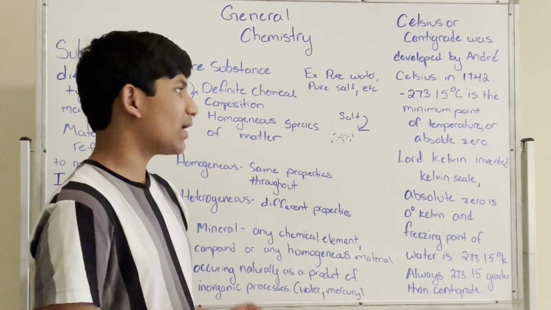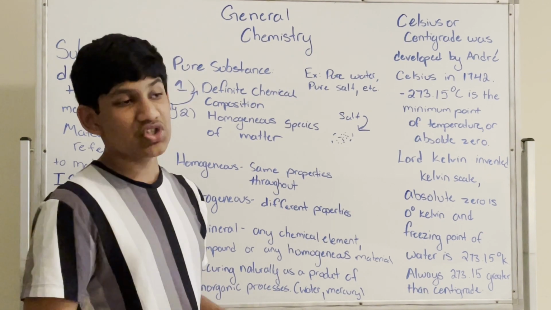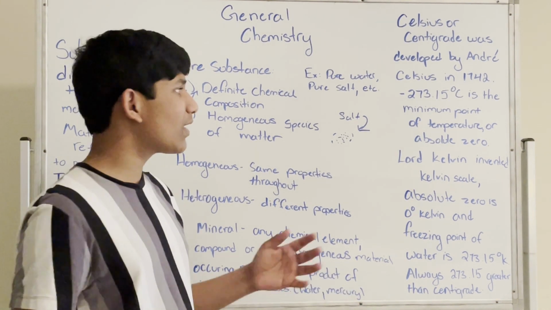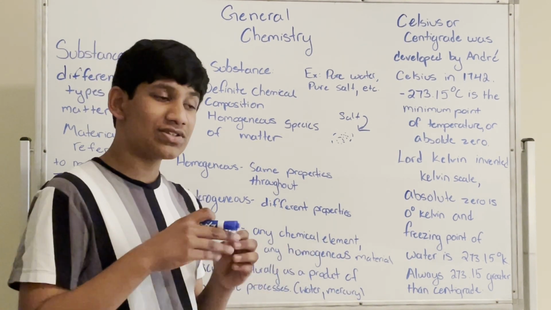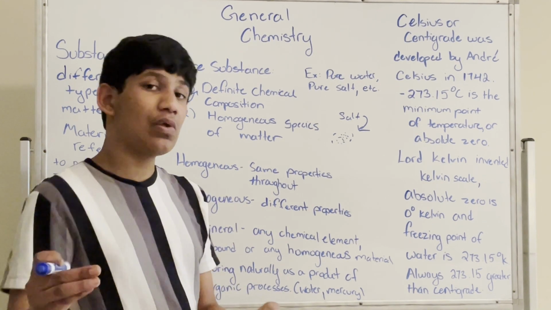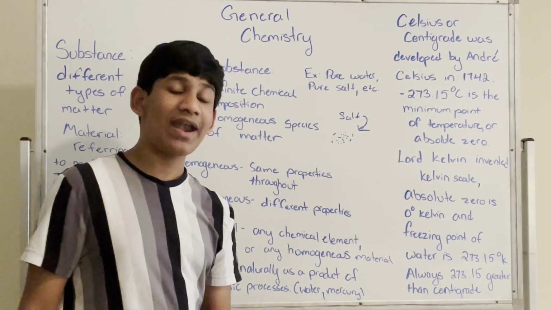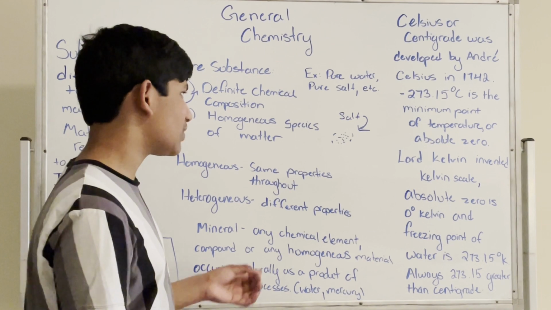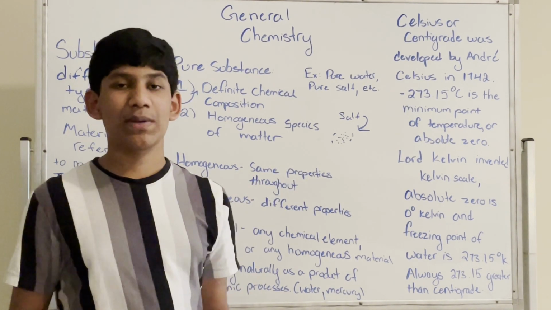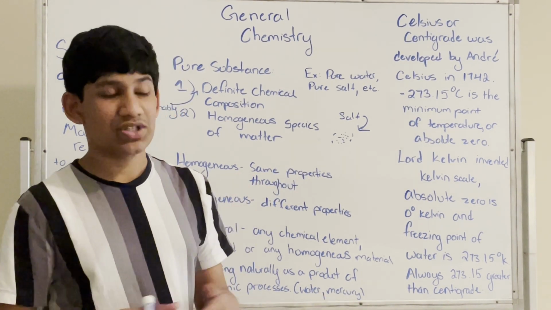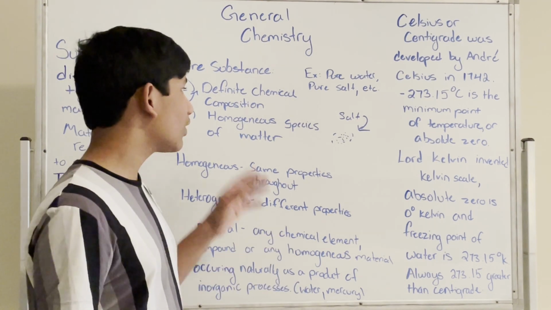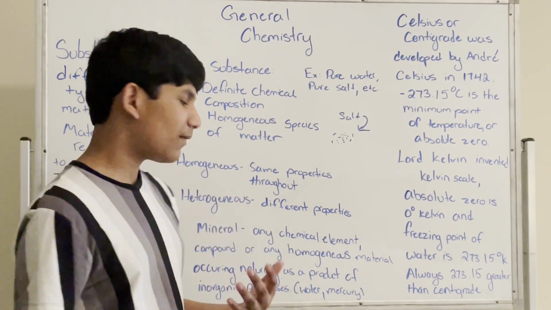And when we just have regular salt, for example, table salt, each of the atoms is sodium and chlorine. So this is going to be salt, and it has reasonably definite chemical composition. And since it has sodium and chlorine all over, and it's just salt, it has the same properties throughout, which is the homogeneous species of matter.